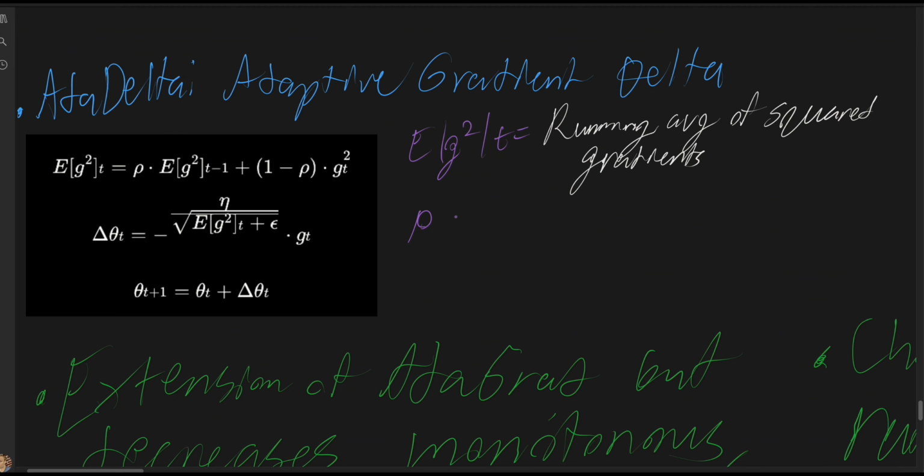The following symbol here is rho, which refers to the decay rate, similar to beta.